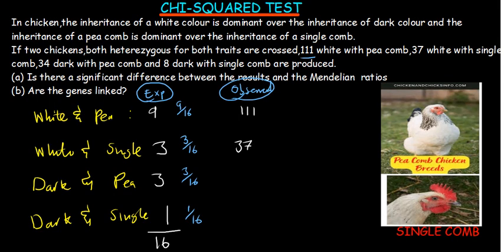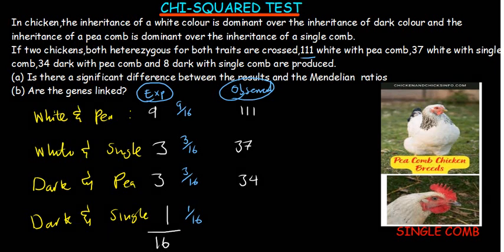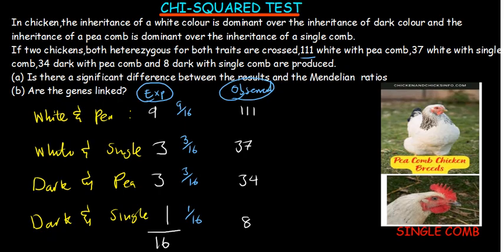We have got 34 dark with P comb, and then we've got 8 dark with single comb. Now what is the total here? That is 111 plus 37 plus 34 plus 8, so that is 190.